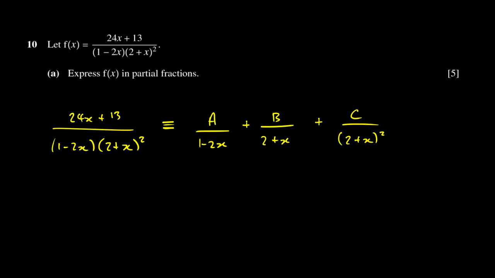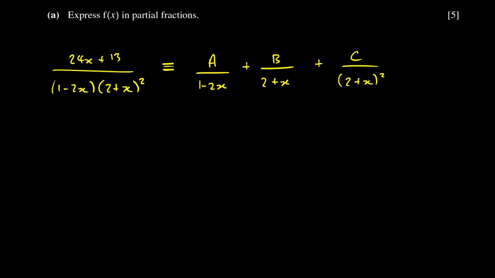Now, the way I'm going to deal with this is I'm going to combine all of these guys. So I've got to give them all a common denominator. If I give them all a common denominator, that means I need to times the first fraction by 2 plus x squared. So I get a bracket 2 plus x all squared. The second fraction, I need to multiply by 2 plus x and 1 minus 2x. Okay, like that. And then the third fraction, I need to multiply by 1 minus 2x.